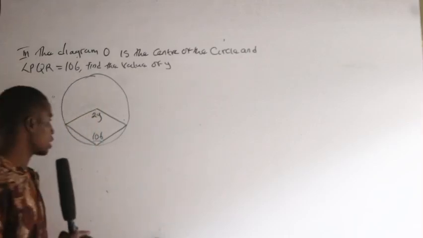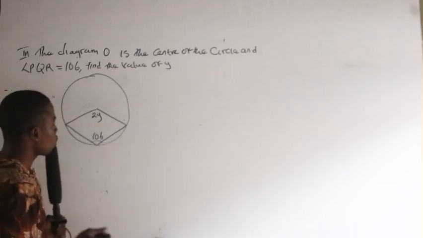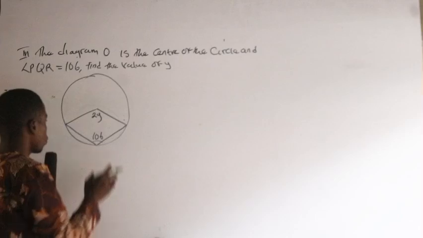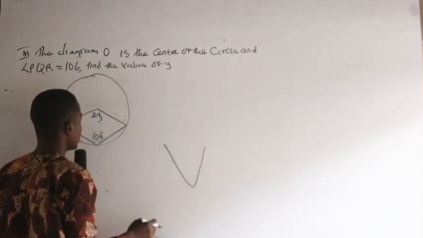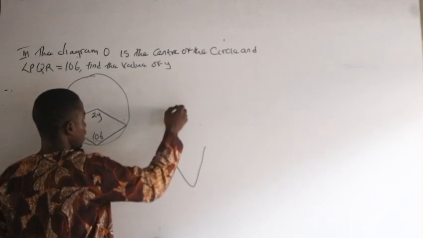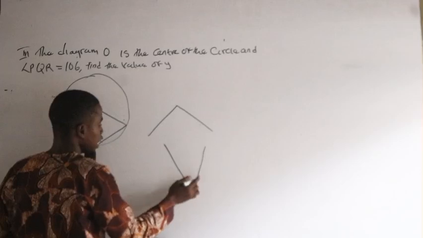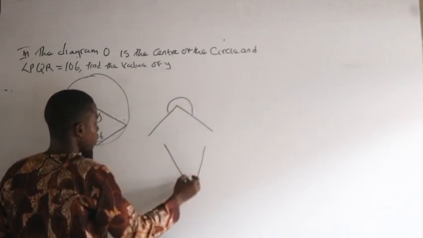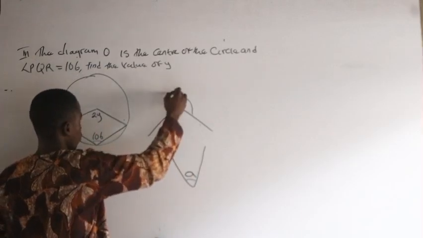Now, look at this question. I have already given you something similar: when we have one like this, and another one goes like this, if this one is A, this place will be twice that place.